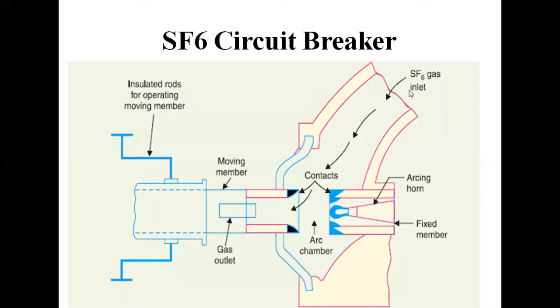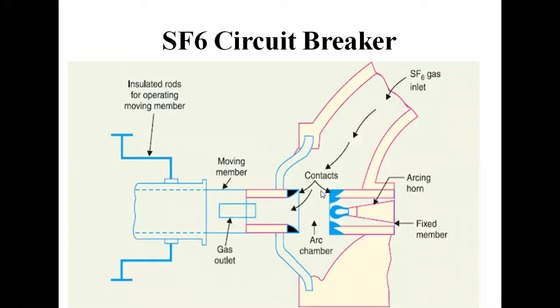So the opening of the gate of the SF6 reservoir and the moving of this contact are synchronized. As soon as this moving contact starts moving, the valve of SF6 gas is opened and very high pressurized SF6 gas starts flowing towards the arc chamber.